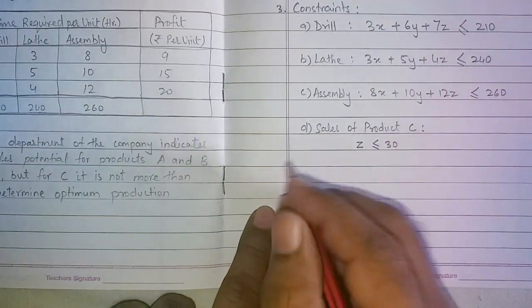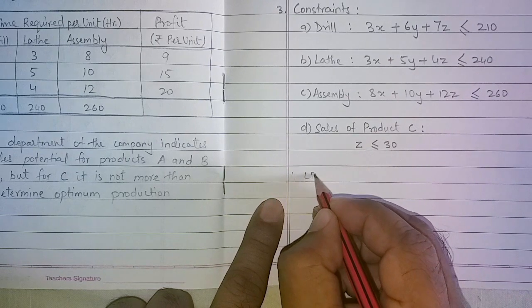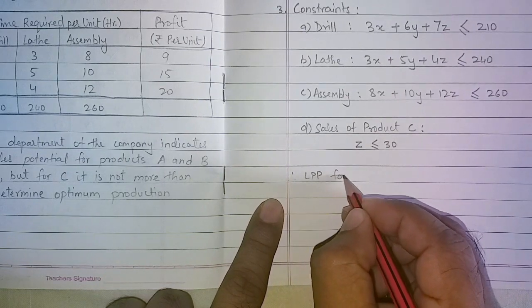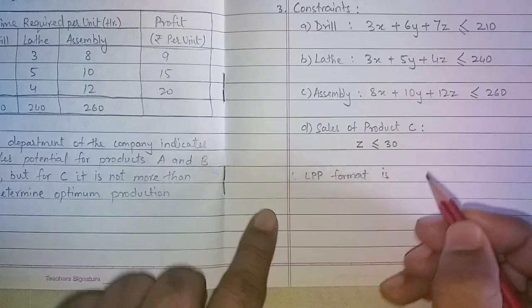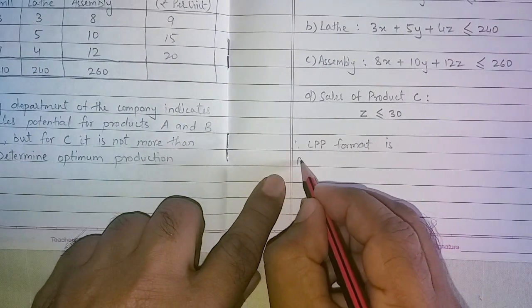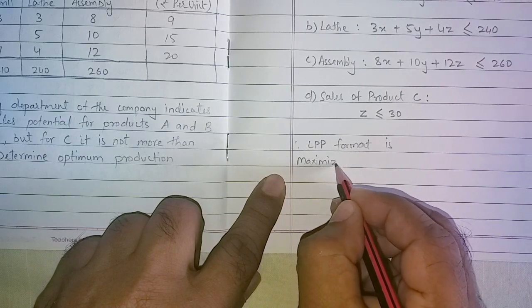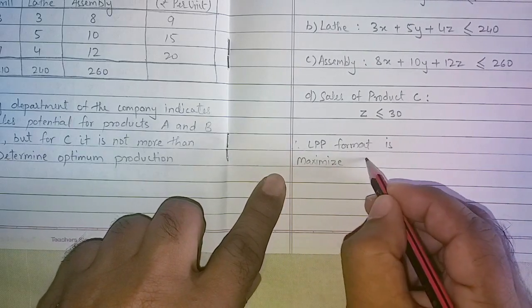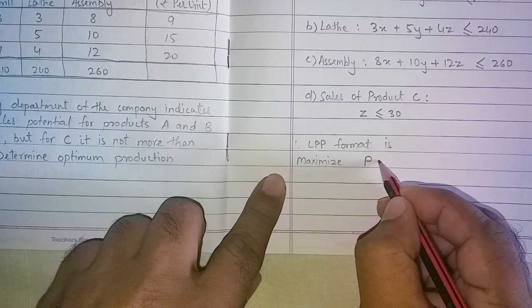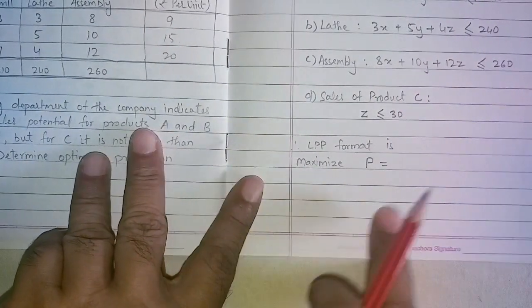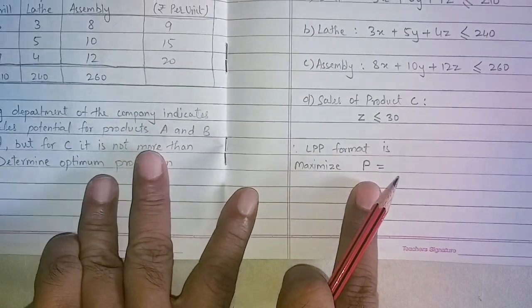So let us write the LPP. Therefore, your LPP format is: maximize my profit, so let us write profit P. Here, if you want, you can also write Z max or P max, whichever you feel.